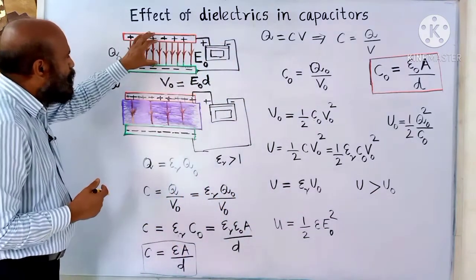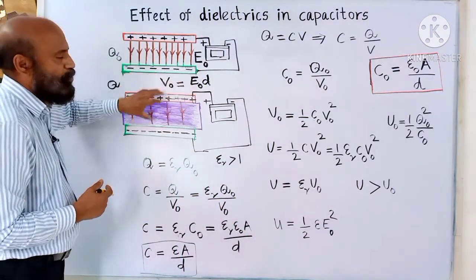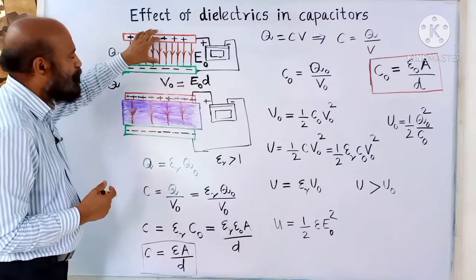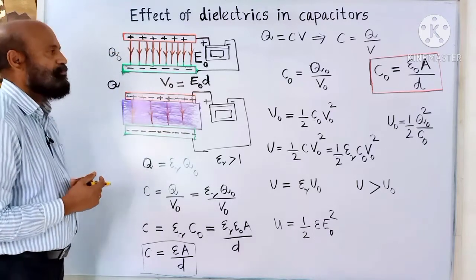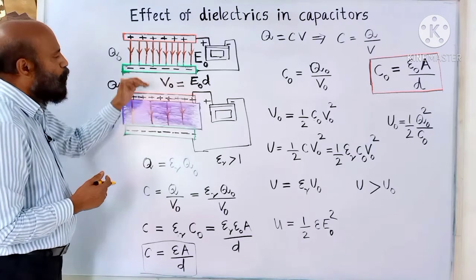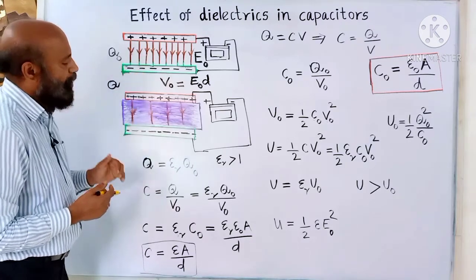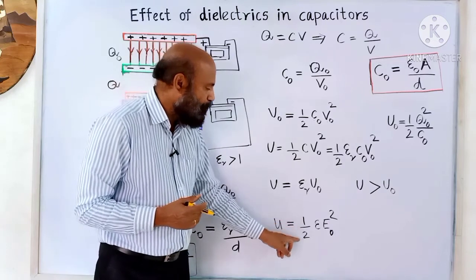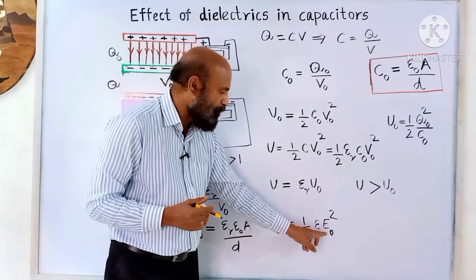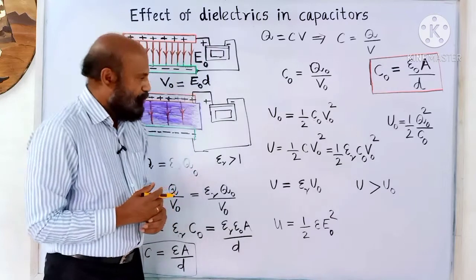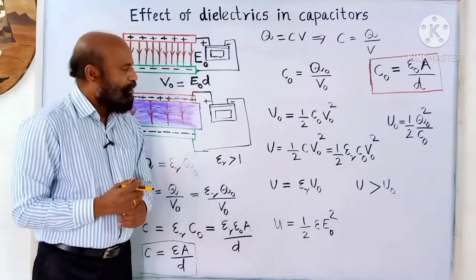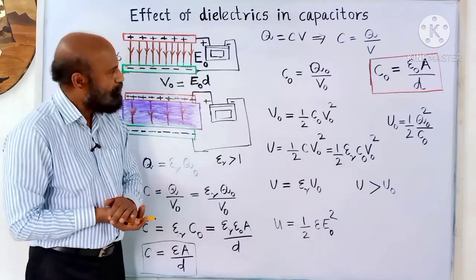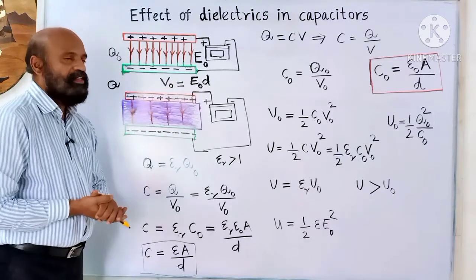Now, potential difference remains the same between the plates. So electric field also remains the same. Energy density is given by this expression, half epsilon E0 square. I hope you have understood the effect of dielectrics in capacitors.